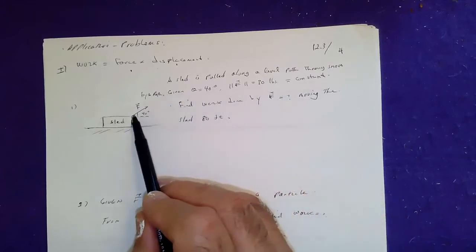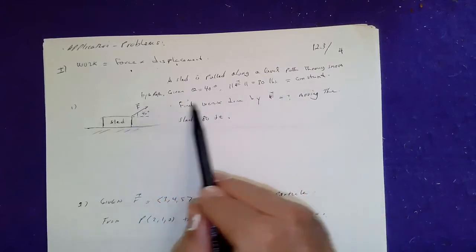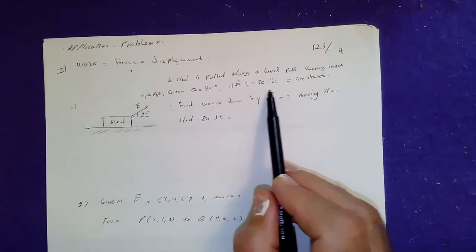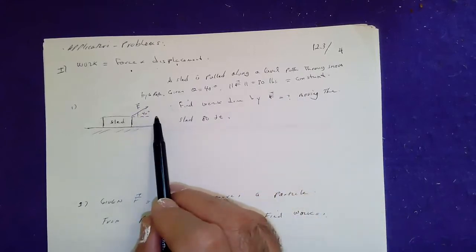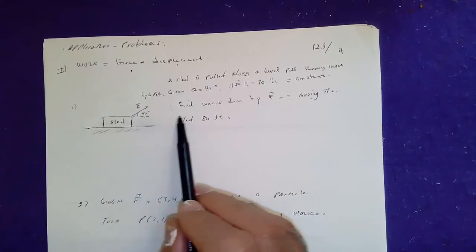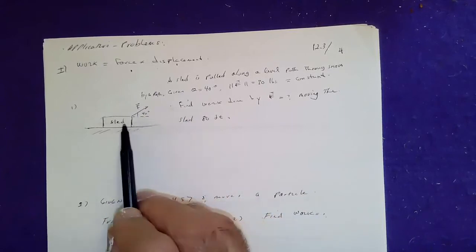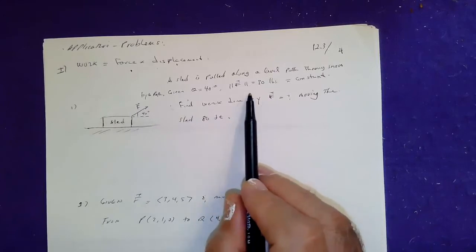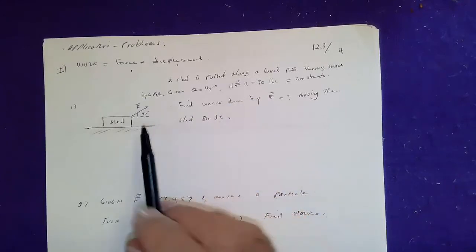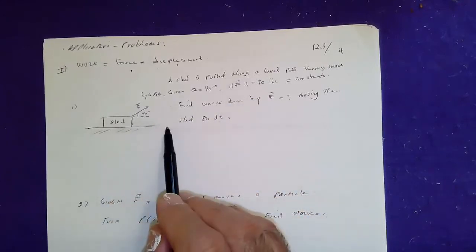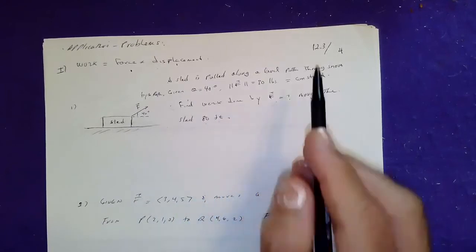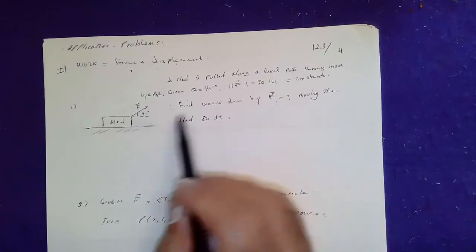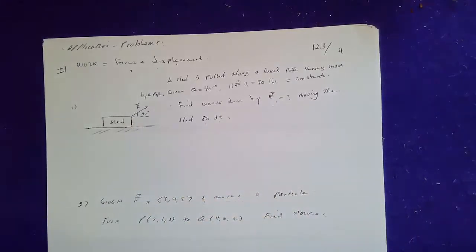The angle this force makes with the horizontal is 40 degrees, and we're trying to move the sled 80 feet from start to end. Can you find the work done by force F on this sled?